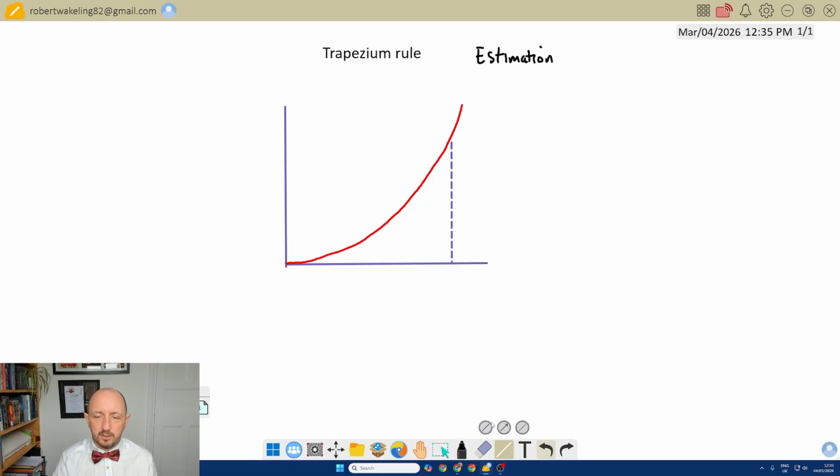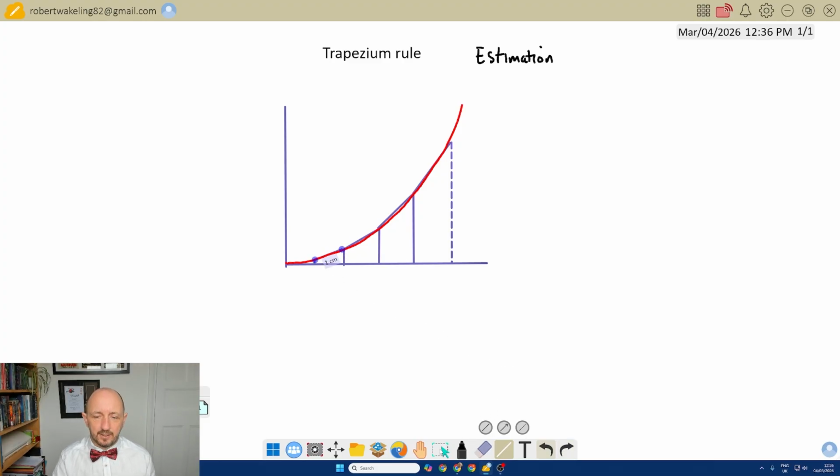Well, what we do is we split this area into chunks like this, equal chunks, equal widths. Okay, and what we're going to do is turn each of these into a trapezium. So there, there, there, and then we'll do one more just like this.